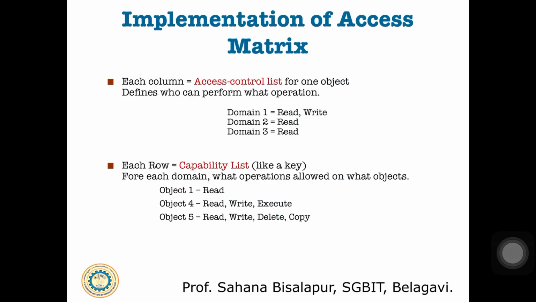Next we will see access lists, or access control lists. In an access control list, each column in the access matrix can be implemented as an access list. As you might remember, we have various columns in the access matrix, and those columns represent objects. So each column can be implemented as an access list for one particular object.